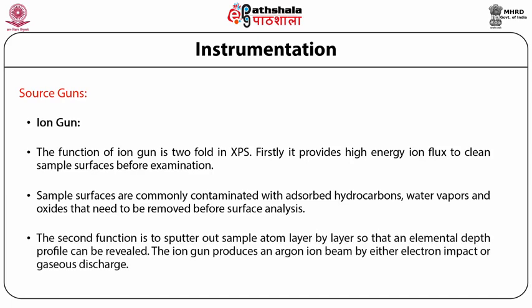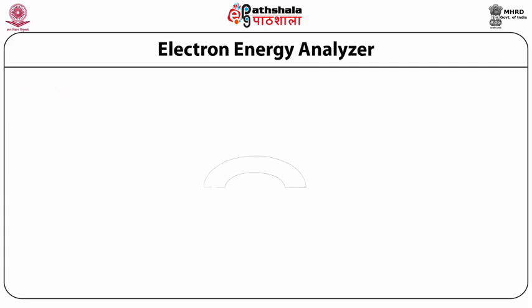The second function is to sputter out sample atom layer by layer so that an elemental depth profile can be revealed. The ion gun produces an argon ion beam by either electron impact or gaseous discharge.